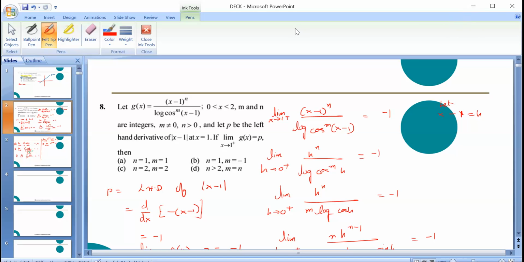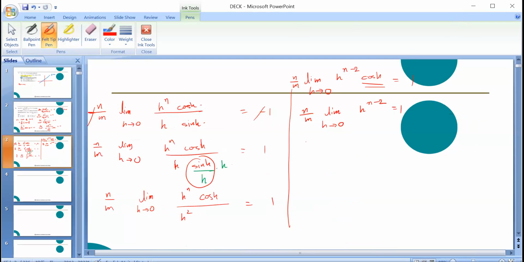Then what you have? N by m limit of h power n by h power 2 as h approaches 0 equal to 1.